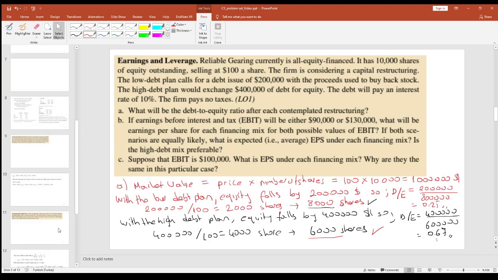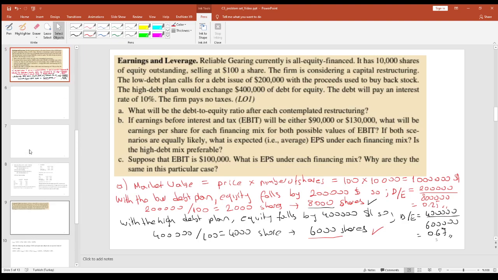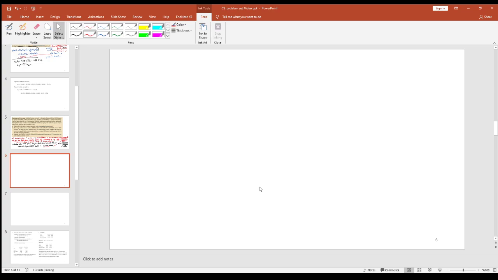Let's move on. Part B. Let's exercise the low debt plan. This is B. Remember, let me split this into two parts. We have low debt plan and high debt plan.